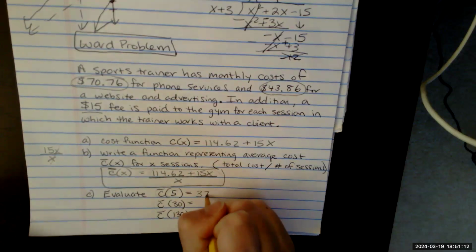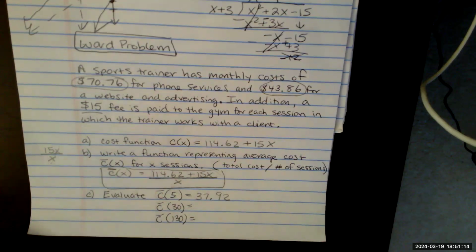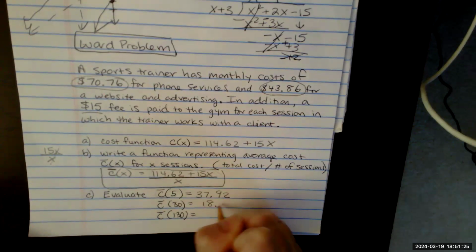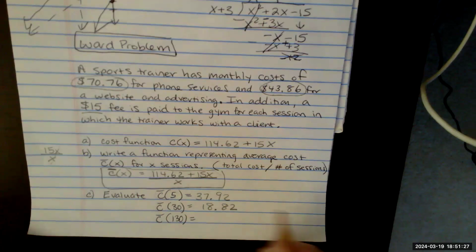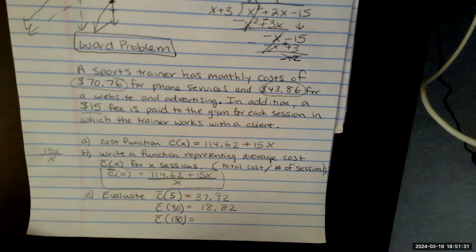All right, so I get 37.92 when I plug in 5. Now I'm plugging in 30. And it gets smaller, which should make sense. The more sessions he has per month, the less it's going to cost him because he's going to be kind of offsetting that cost.